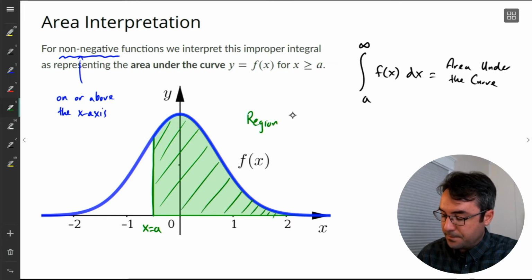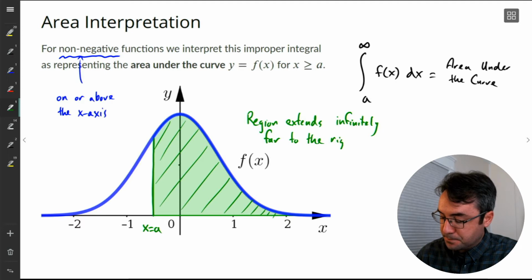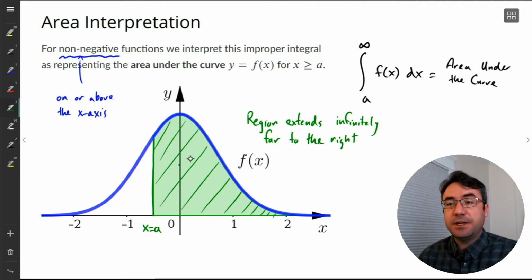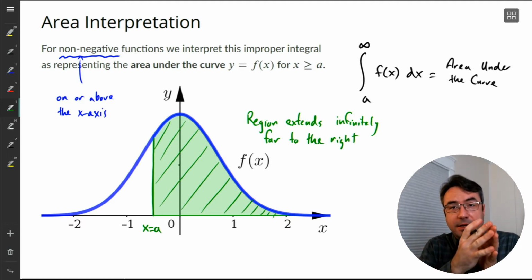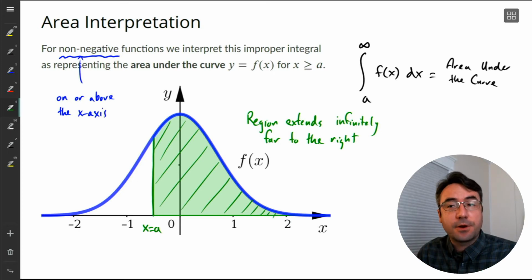It's under the curve, and our region extends infinitely far to the right. And as we're going to see, sometimes this region, even though it's unbounded, is going to have a finite area. And that's when our improper integral is convergent.